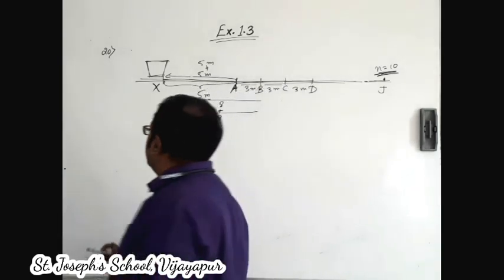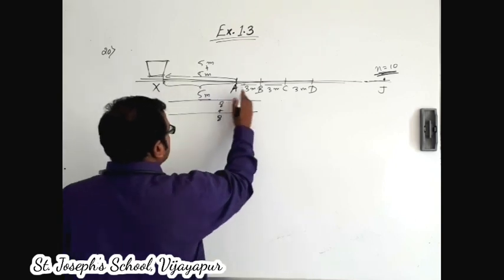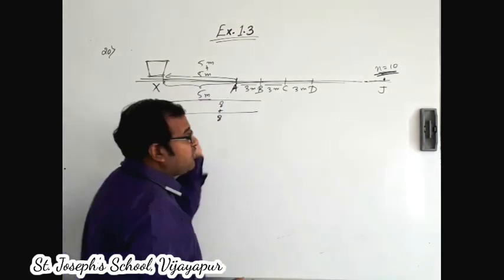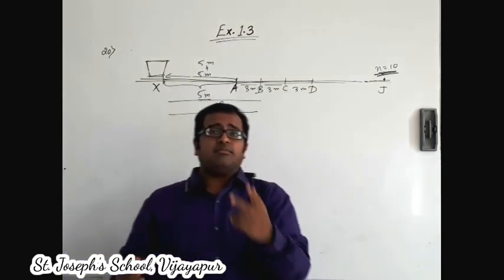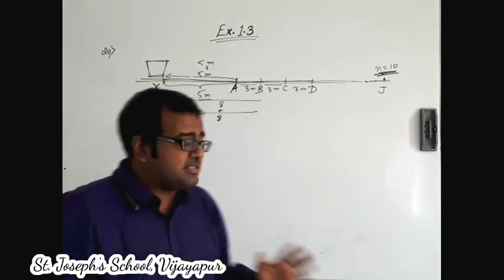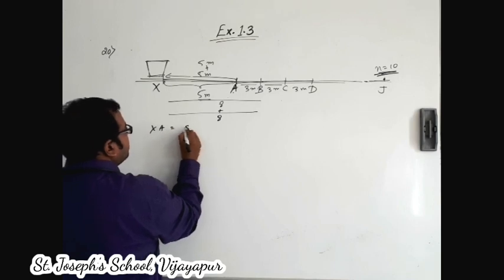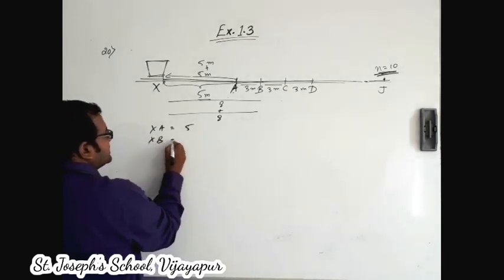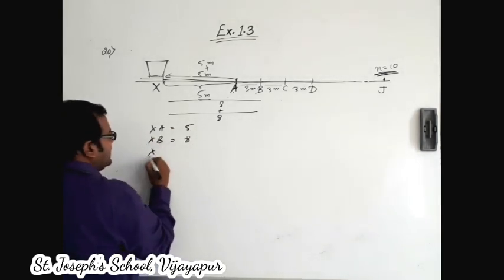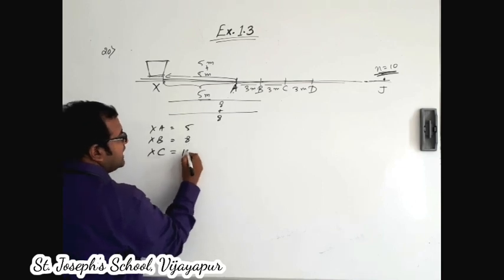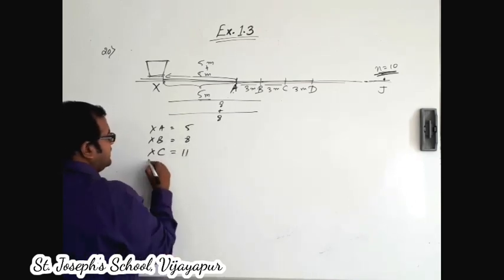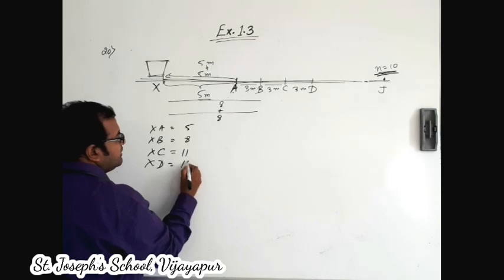So we first find the total distance run by the competitor in one direction and multiply the whole answer by 2. First, XA distance, that is 5. Next, XB distance, which is 8. Then XC distance, which is 8 plus 3, that is 11. And XD distance, which is going to be 14.